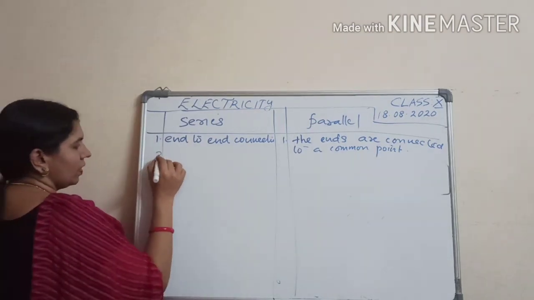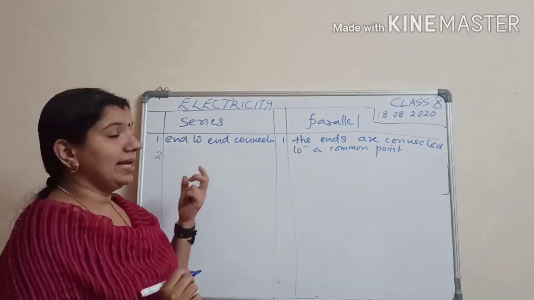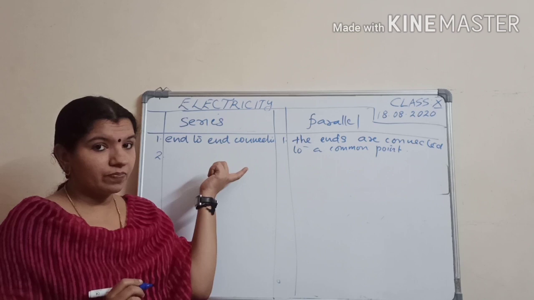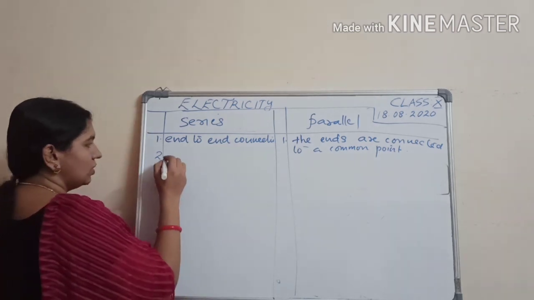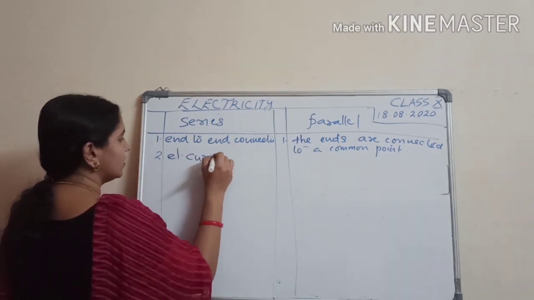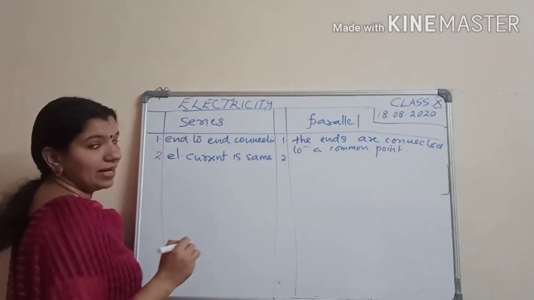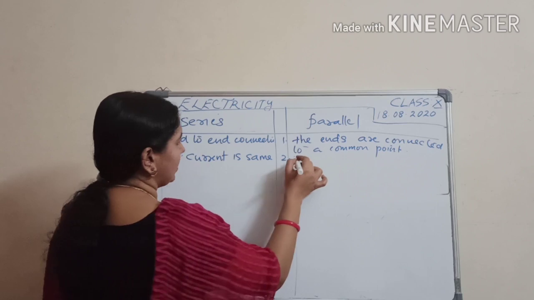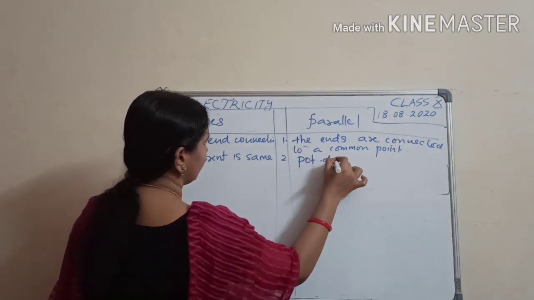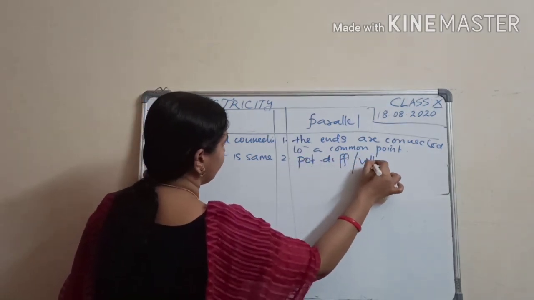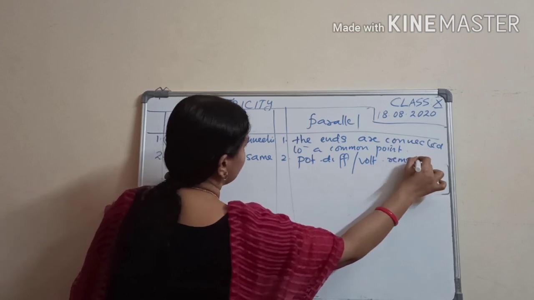Clear? Now, which quantity is same in series? Current is same. So electric current is same. Here, which quantity is same? Potential difference or voltage remains the same.